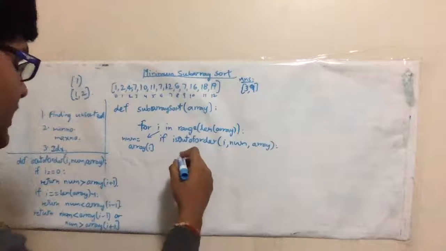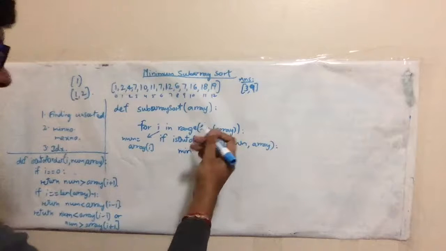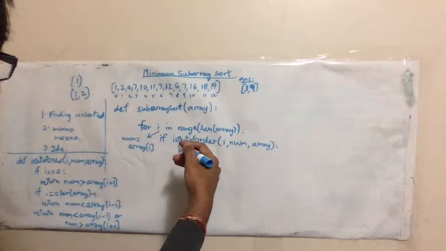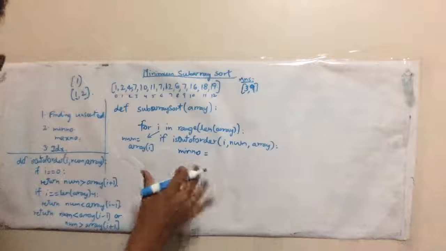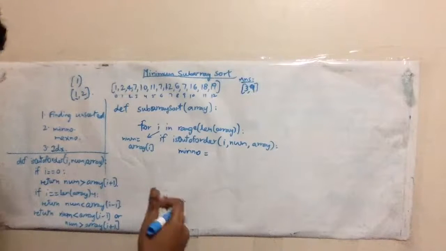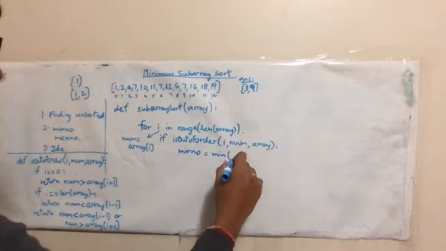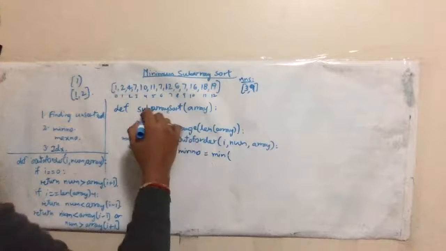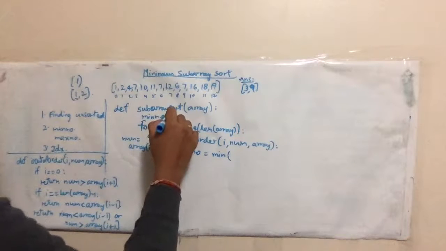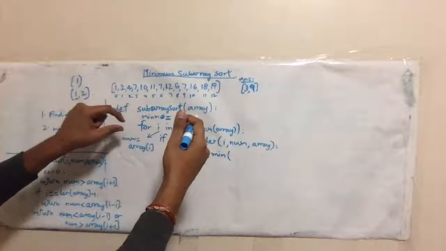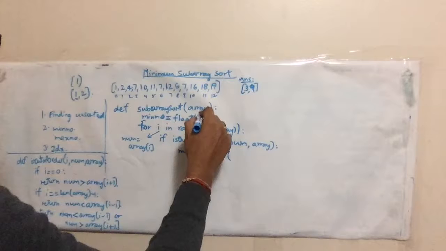So I will create a minimum unsorted number, that is the minimum of two numbers. I will initially declare this minimum number as float of positive infinity.